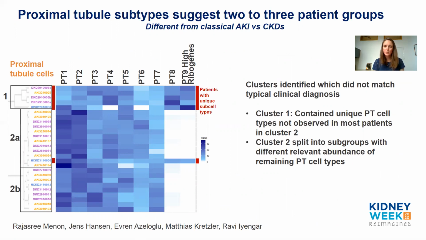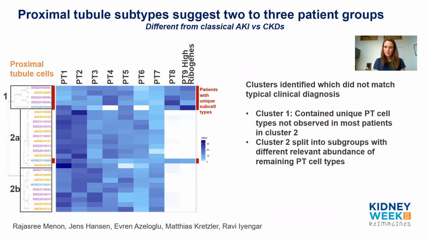If we just look at subclusters of proximal tubular cells, we can cluster patients based on the cell type abundance. You normalize to the total number of cells from an individual patient's biopsy, and you see what proportion of their cells fall within these subtypes.